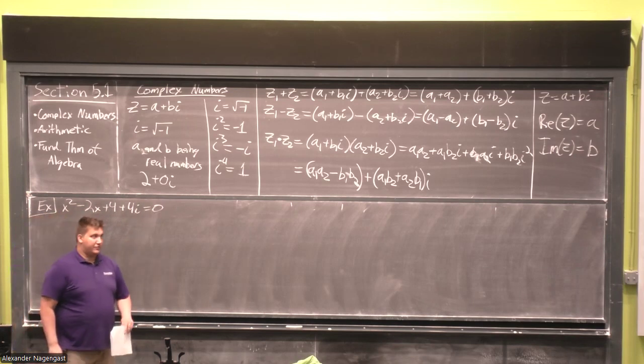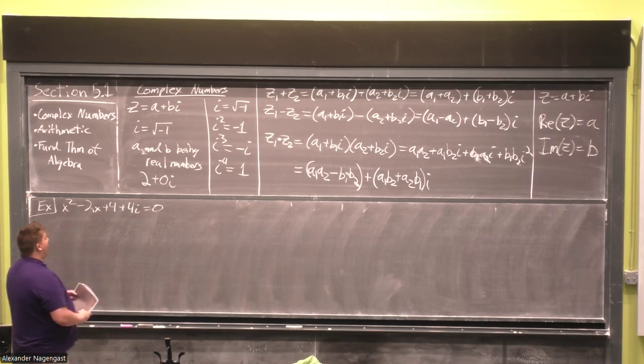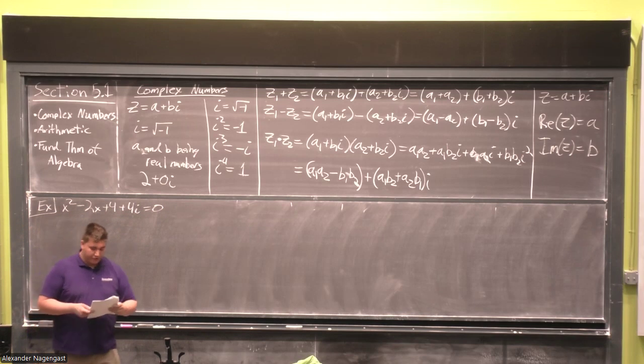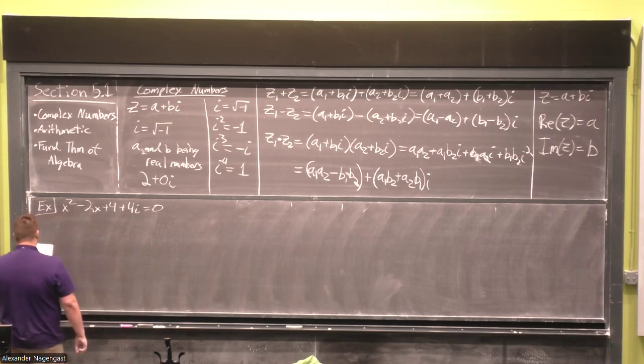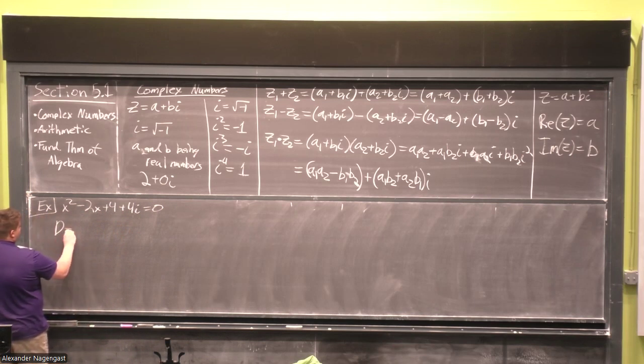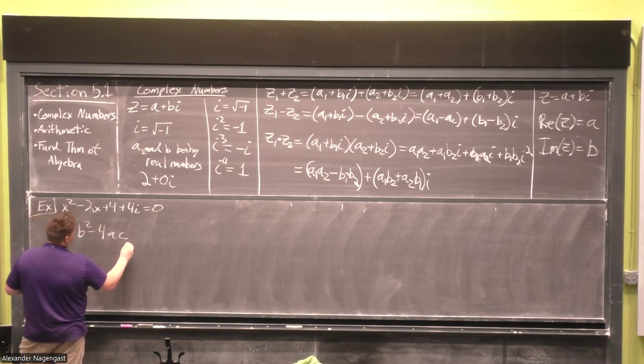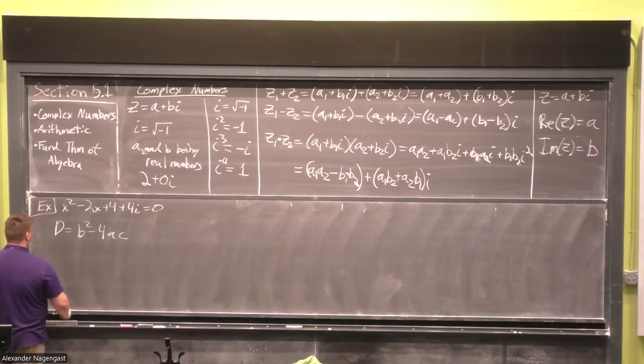So in this case, we have a complex value in our function. We want to solve it when this equals 0, so we're going to start with the discriminant. So we're going to have d equaling b squared minus 4ac. And we're going to find what d is.